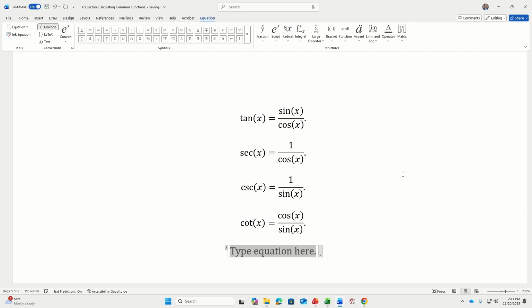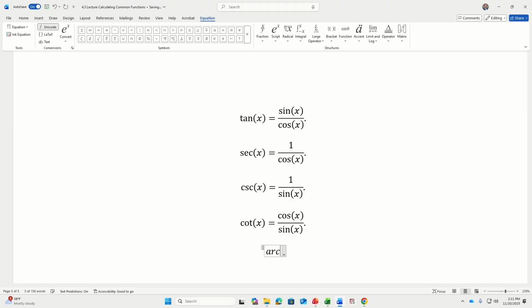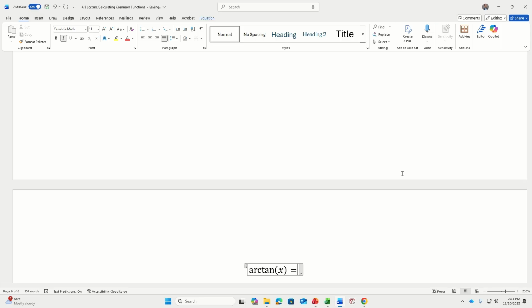How could I calculate an arctangent? The integral of 1 over x squared plus 1. Perfect.